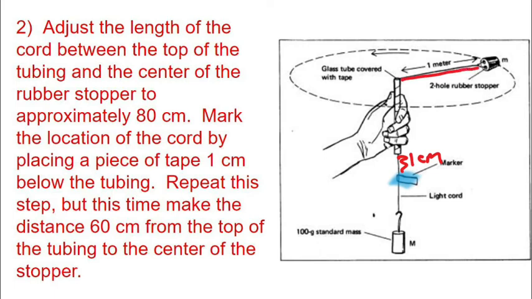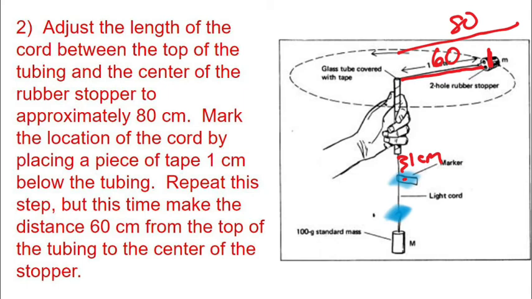When the length to the middle of the stopper is 60, put a piece of blue tape there. Then you want one at 80, and you put another piece of blue tape wherever that is, underneath. So you're going to have 2 pieces of blue tape, that way, when you're swinging it around, you can watch that blue tape and see what you're getting.